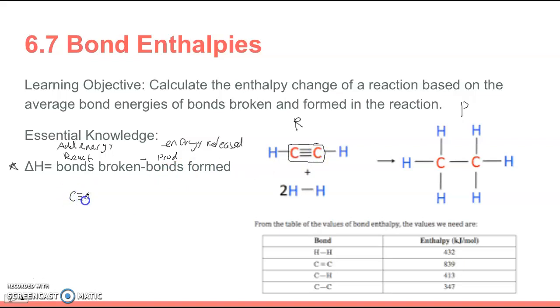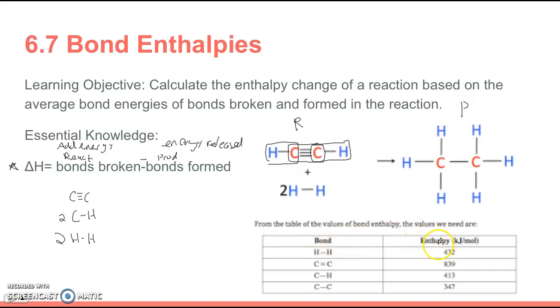You have one of these carbon-carbon triple bonds, and then two of these carbon to hydrogen single bonds. And in the H2 right here, there are two of these hydrogen-hydrogen single bonds that all need to be broken for this reaction to happen.